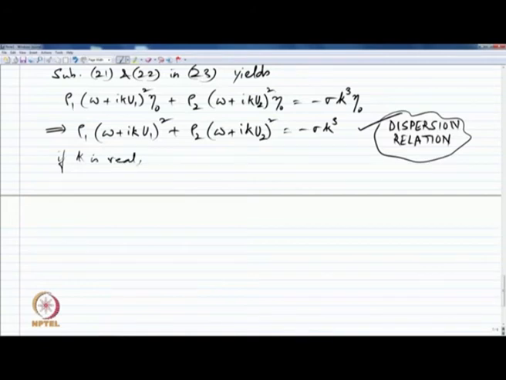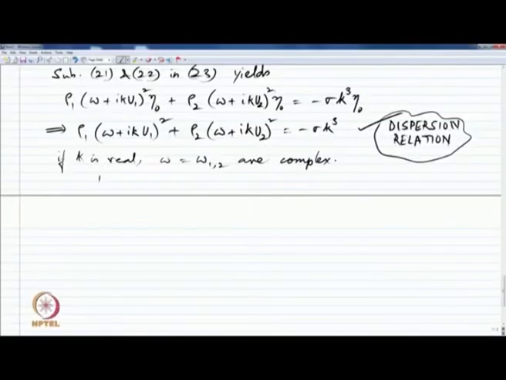Now, in general, if k is real, omega 1 2 are complex. So, in general I have 2 roots omega 1 and omega 2 which are in general complex.